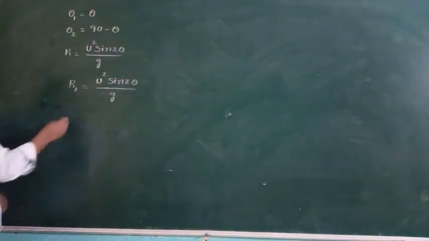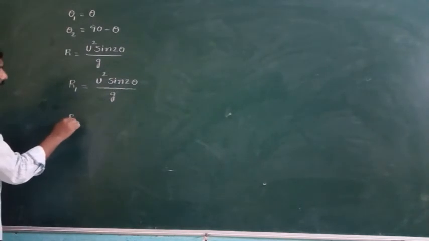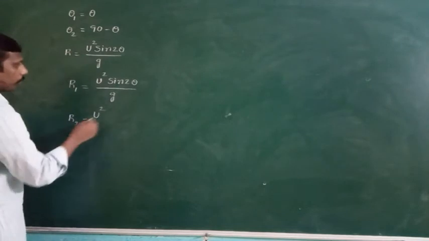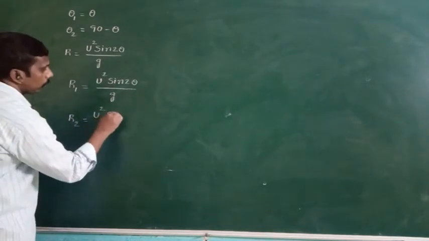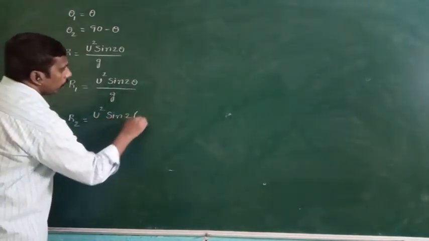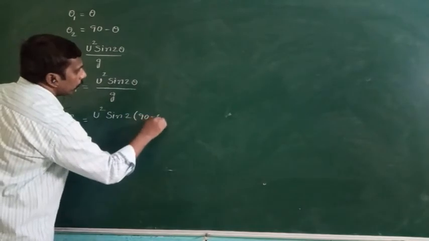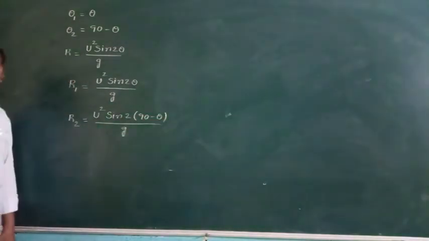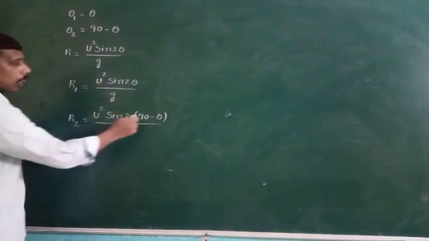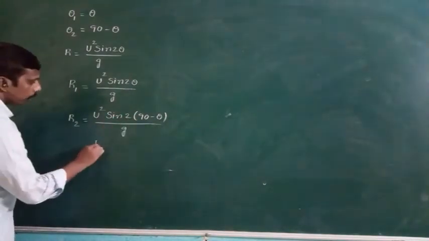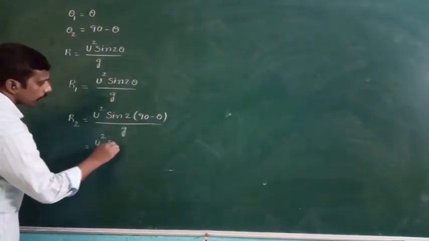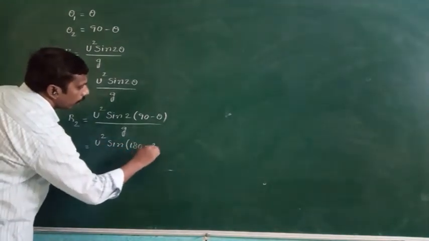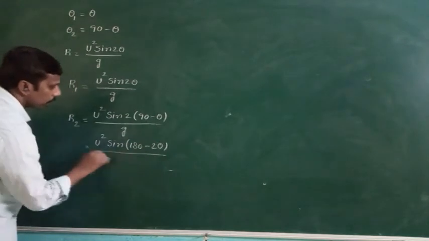And the range of the second body R2 is equal to u square into sin 2 into (90 minus theta) by g. If you multiply, 2 into (90 minus theta) gives u square into sin (180 minus 2 theta) divided by g.